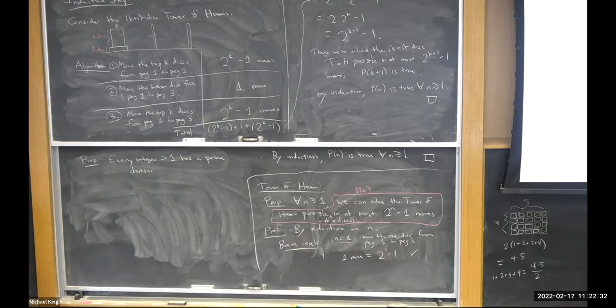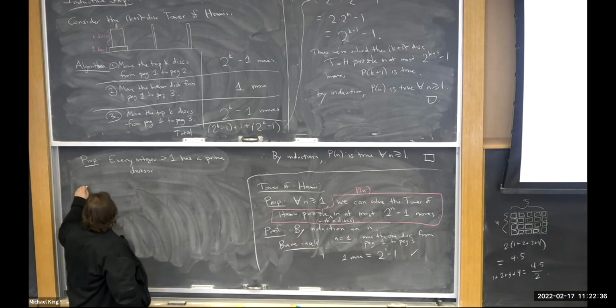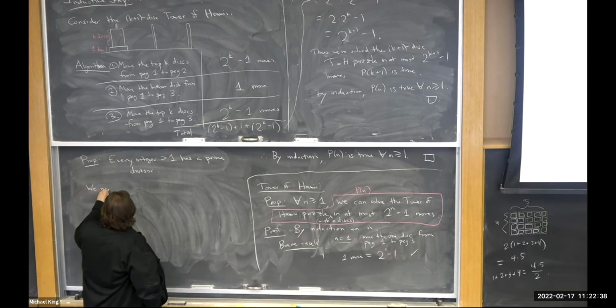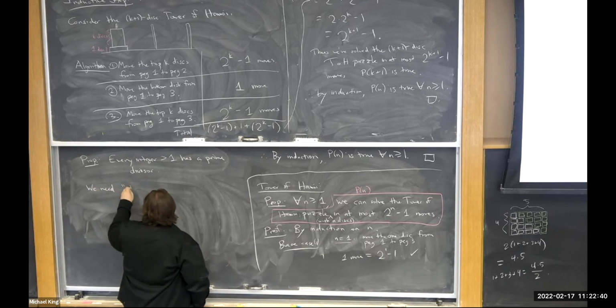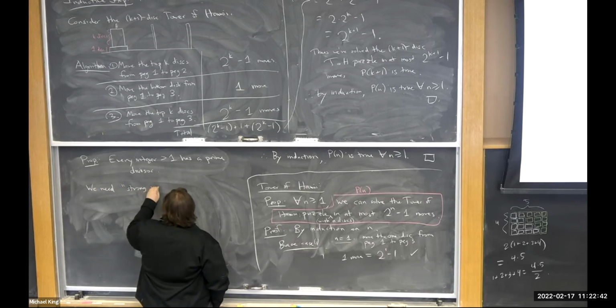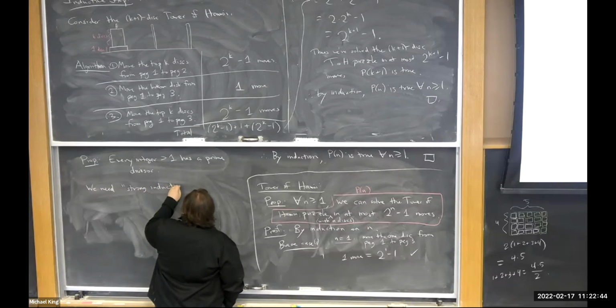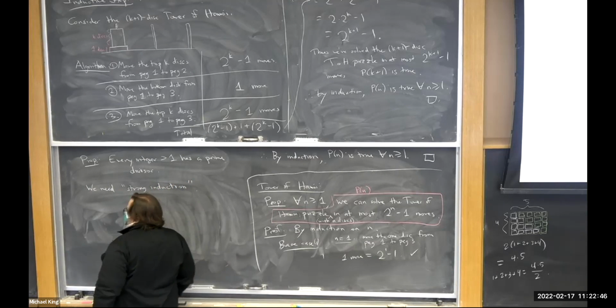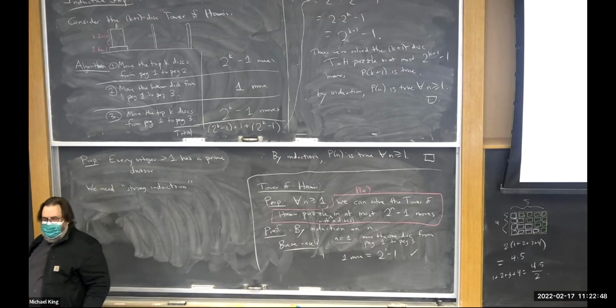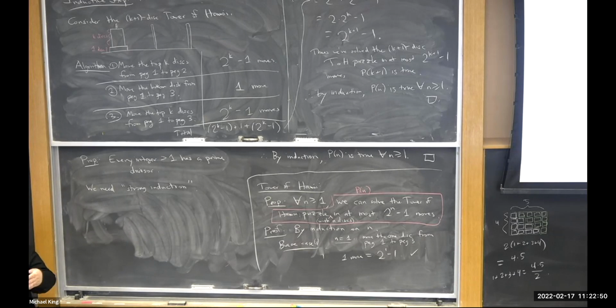We've been using what's called weak induction. People just call it induction, but we need strong induction. So let me just say what that is. That's basically saying, let's use the ladder metaphor, right? The ladder metaphor is like, we can get on the ladder, we can get from one rung to the next.